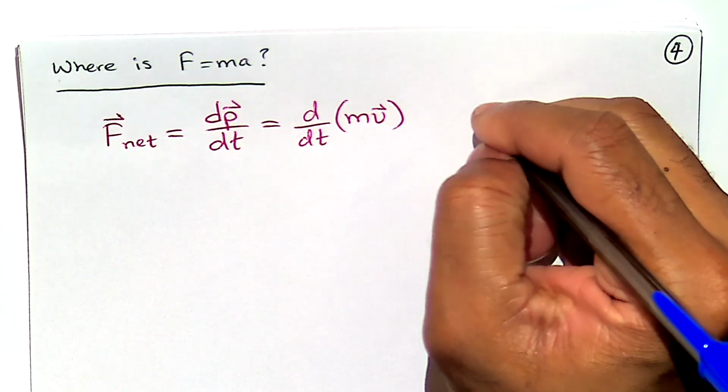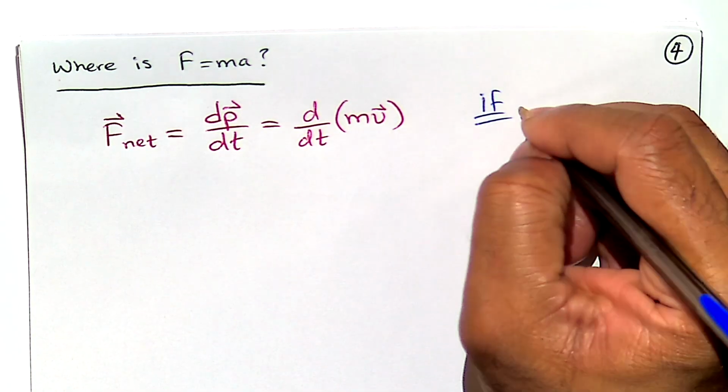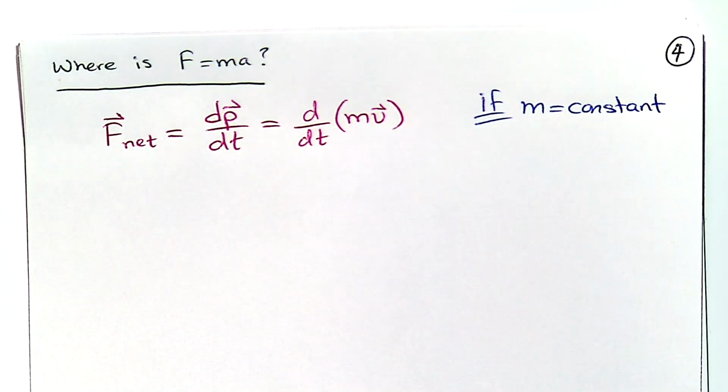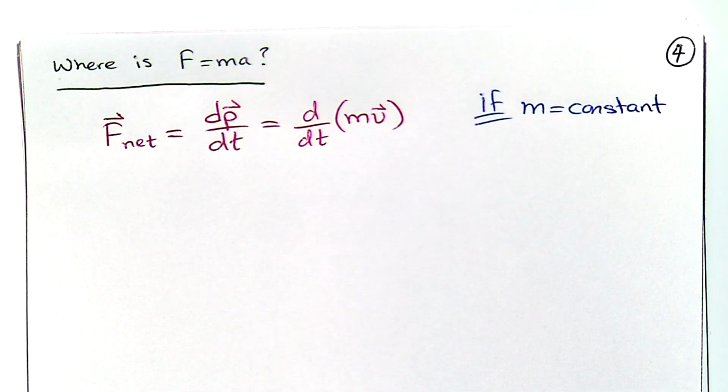With a simplifying assumption, if mass is constant. That's many cases. As you walk across campus, your mass is not significantly changing. If you are pushing a box across your room, the mass of the box is not changing by a whole lot. So very basically constant.